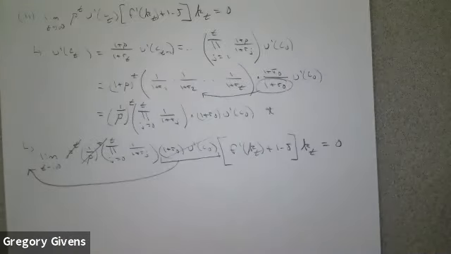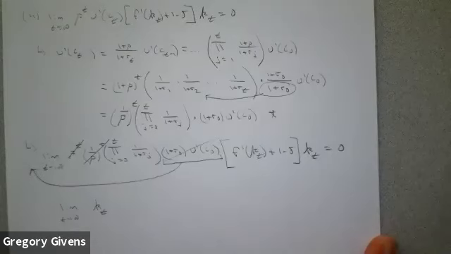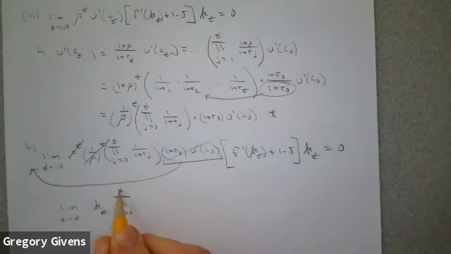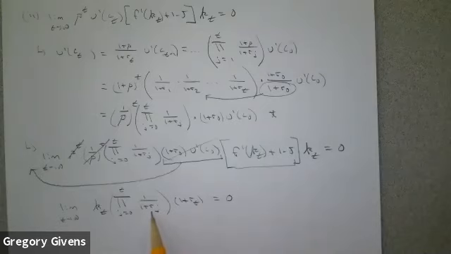You're left with the limit as t approaches infinity of kt times the product from j equals 0 to t of 1 over 1 plus rj, times this term here, which you'll notice is just equal to 1 plus rt.